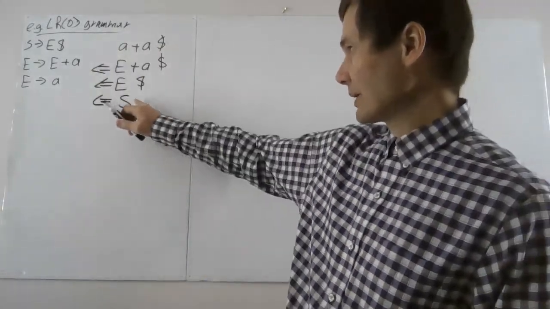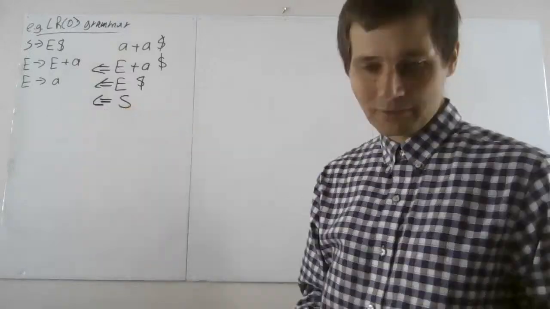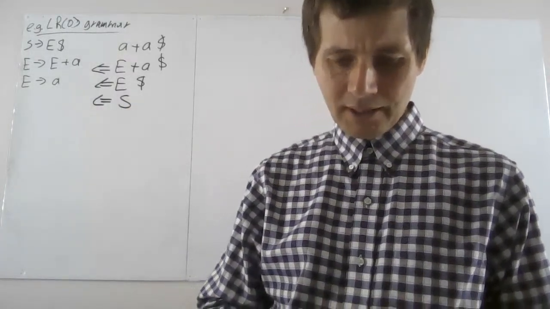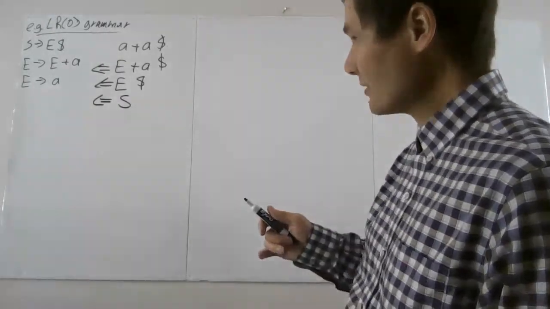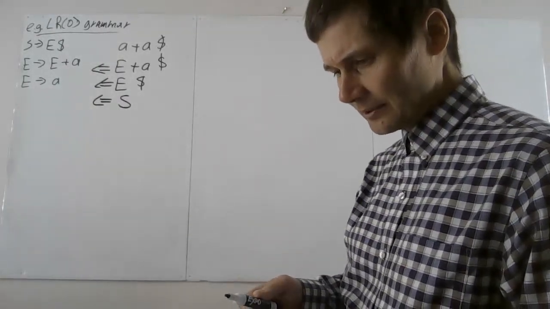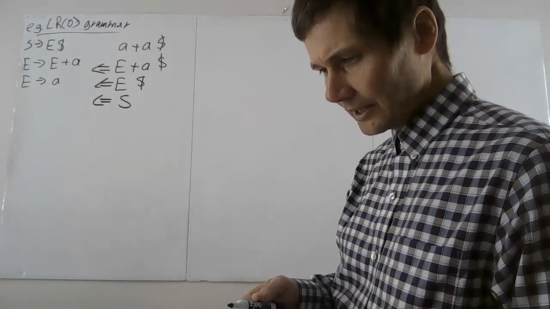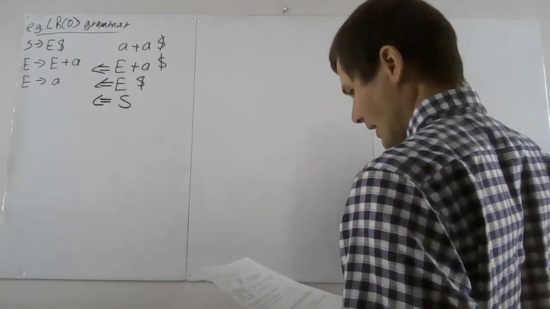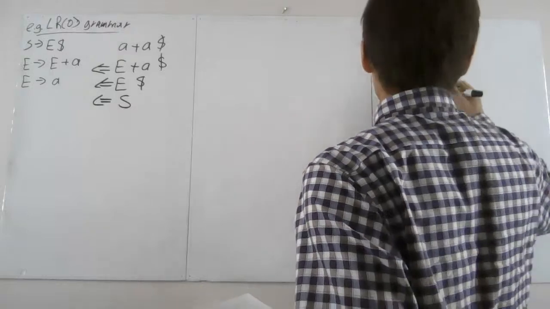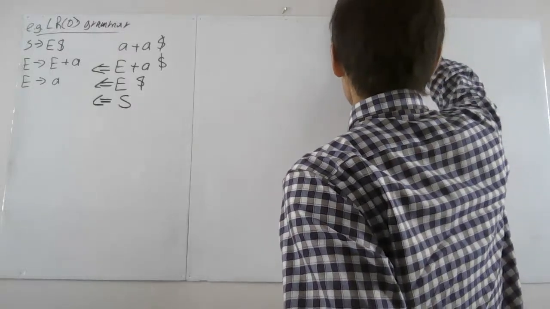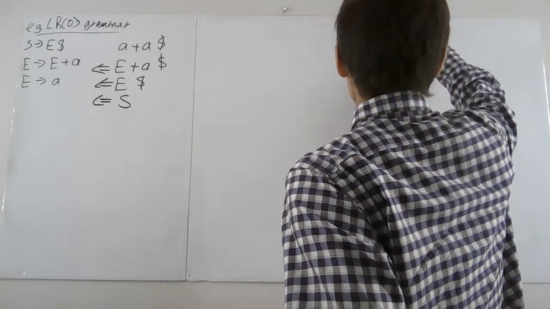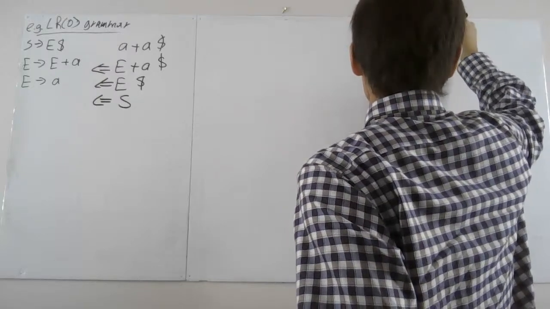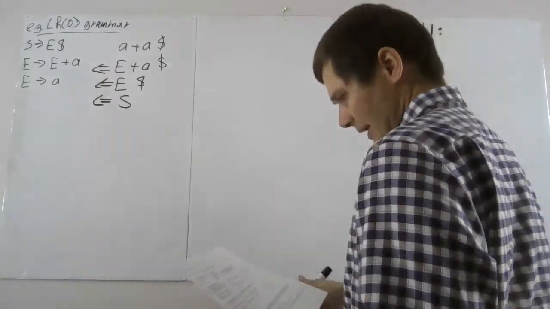Okay, so we have to maintain this hope that we're eventually going to reach the start symbol. But I want to write down an invariant. So an invariant that we're going to maintain, and I'll say invariant 1 because we'll have a second invariant afterwards.